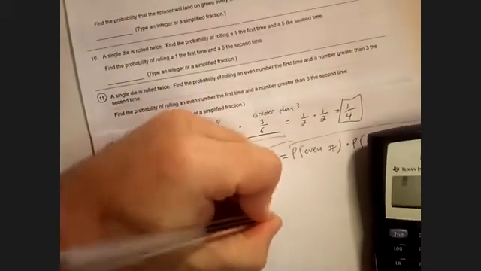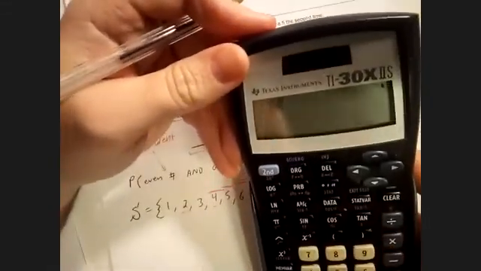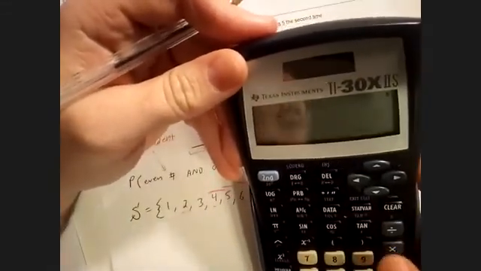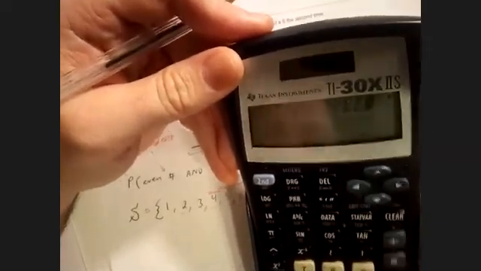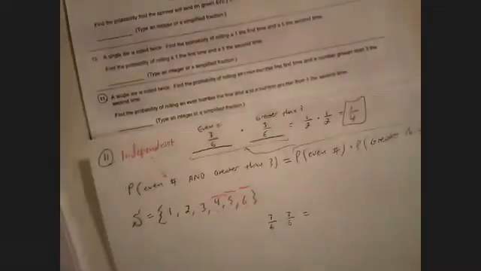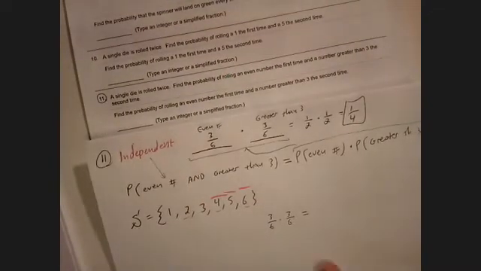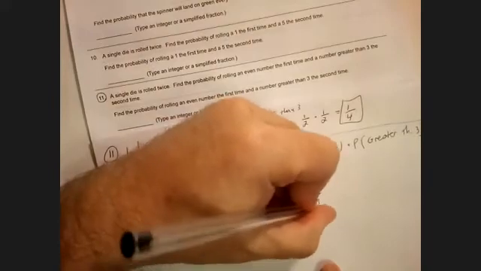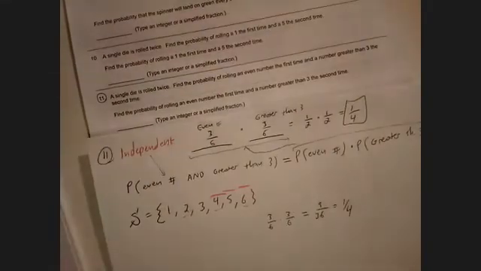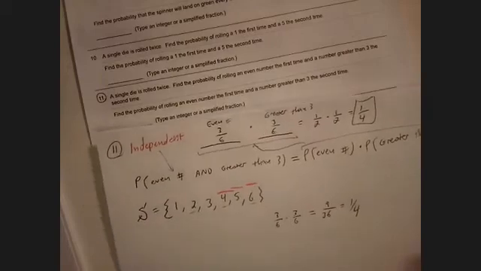So let's do 3/6 times 3/6 and just let the calculator figure it out. 3 divided by 6 times 3 divided by 6, second PRB, 1/4. That would give you 9/36, which reduces to 1/4. So again, you find what's the easiest and most consistent way to work.